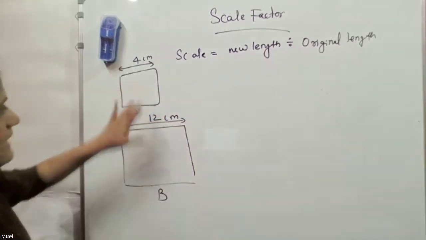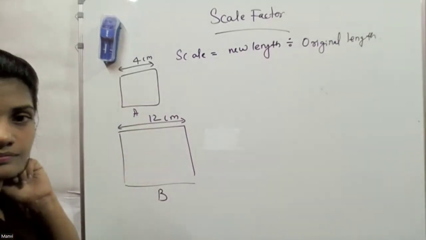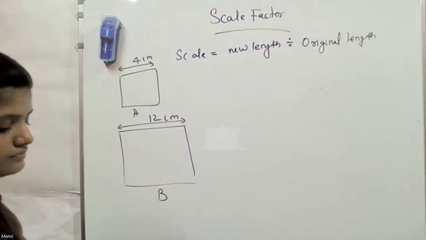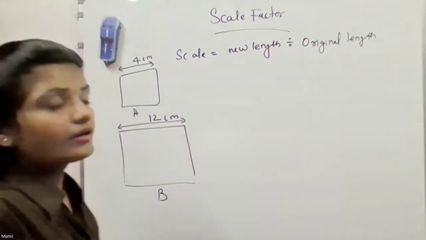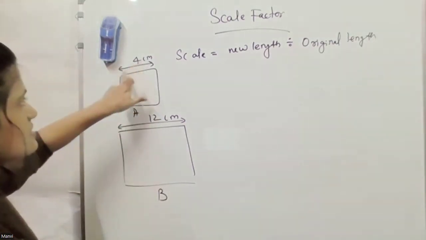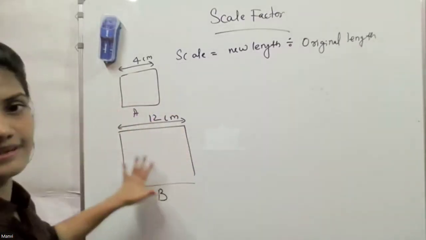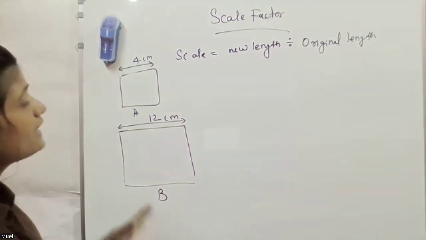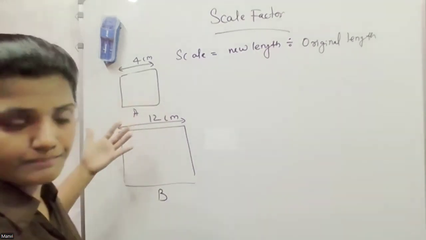So what will be the scale factor for this, Kavya? 3. Very good. The scale factor will be 3. If we multiply this side length with 3, then we get that shape. So in scale factor, we can multiply or divide the same number with every side of that shape.